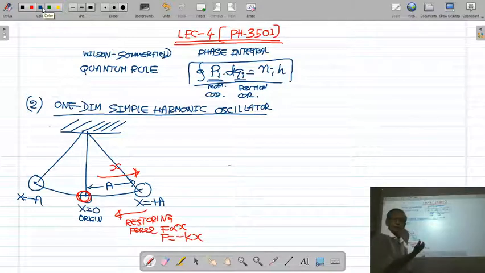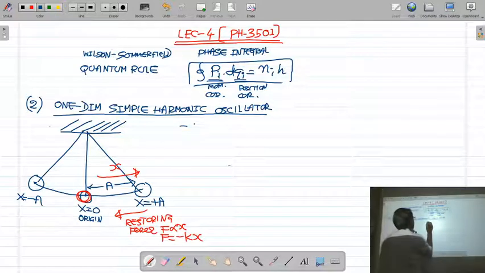So let us obtain the energy of this particle oscillator using the Wilson-Sommerfeld quantum rule.